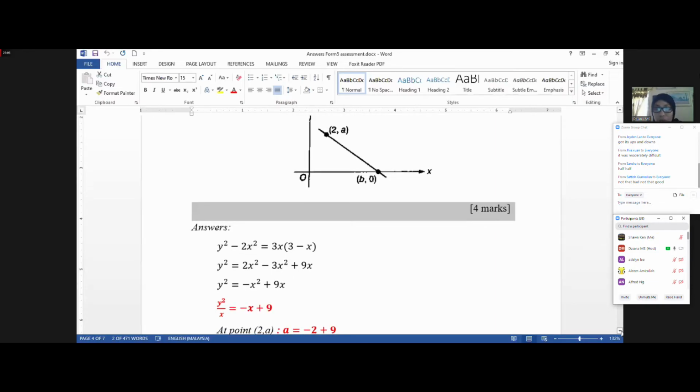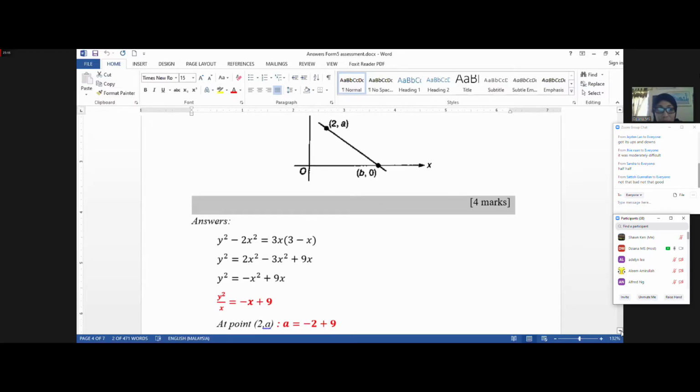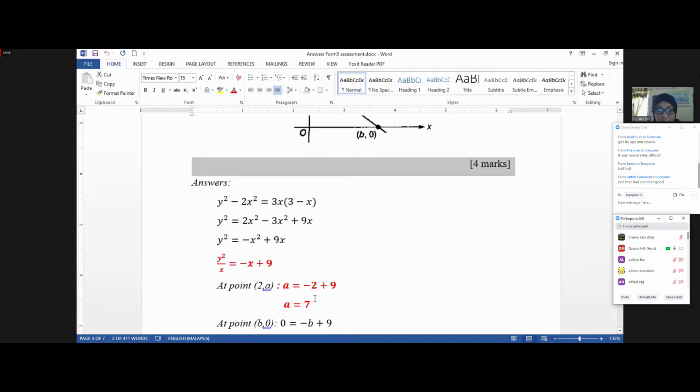I substitute the 2 coordinates into the equation. I took 2, a first. So at point 2, a, I substitute 2 for x, a for y squared over x, so a equals 7. 1 mark for the working if you substitute the point, or any other method, and 1 mark for the answer.